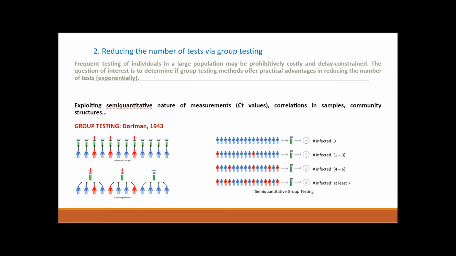The idea is more than straightforward, and it shouldn't be a scary thing to think about. The idea is to group individuals and test mixed saliva or blood samples, and try to determine if at least one individual in the pool is infected or not. The savings you get in this way are exponential. We are talking about tremendous provable savings in the cost of testing.